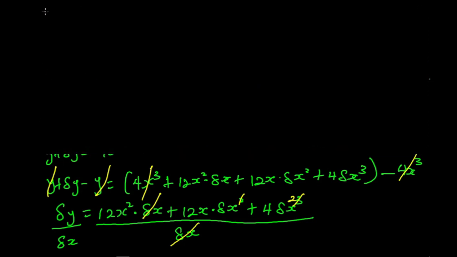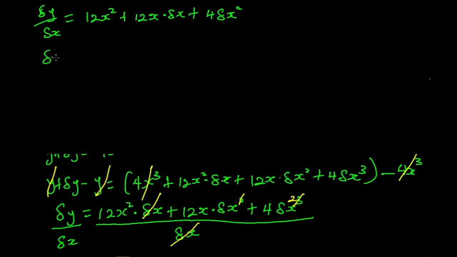So that means we have delta y over delta x equal to 12x squared plus 12x delta x plus 4 delta x squared.